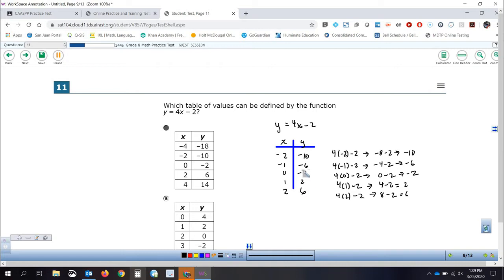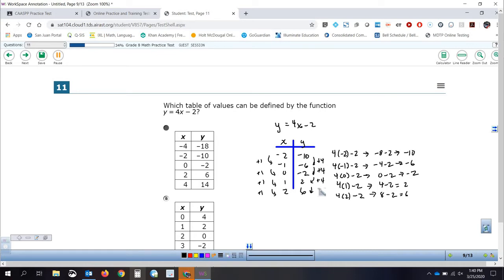So if we take a look at the table, these are 1, 2, 3, 4, 5 ordered pairs that would make this equation true. And if we take a look each time, as the x went up by 1, the y's went up by 4.